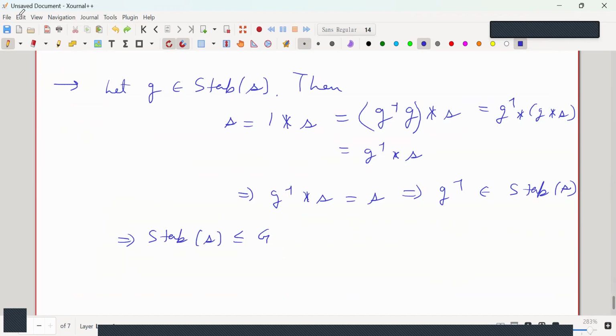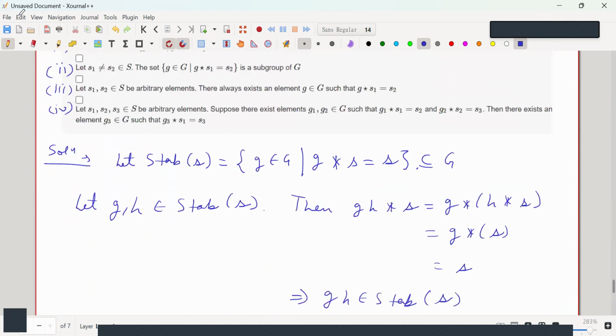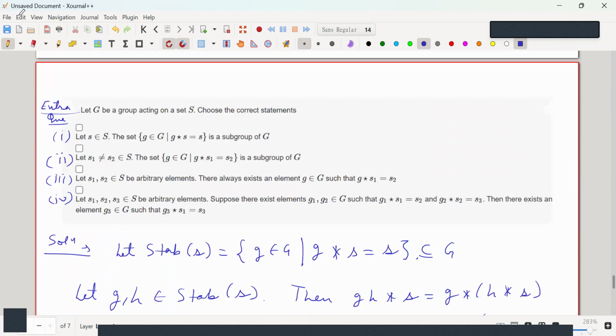Let us go to the next part. s1, s2 are two distinct elements in S. Then we need to check whether this set of g belonging to G such that g star of s1 equals s2 is a subgroup of G. Is it a subgroup? No, sir.